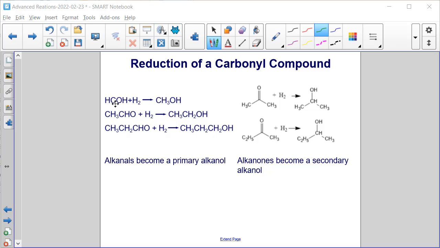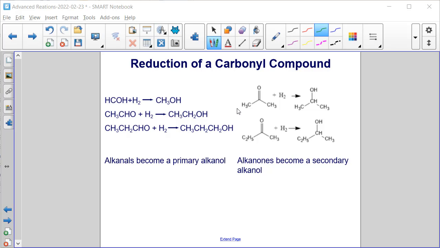This is a terminal carbon. It's the only carbon, right? C double bond O, and then bonded to two hydrogens. Here, this is on the terminal carbon, C double bond O, H. Same here. This is on the terminal carbon. In every one of those instances, we're forming primary alkanols because the carbon that bonds to the OH group is only bonded to one other carbon.